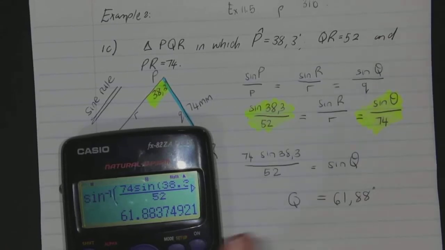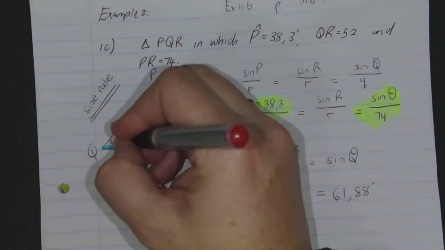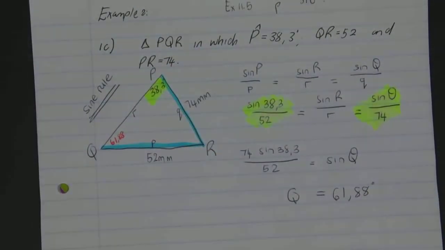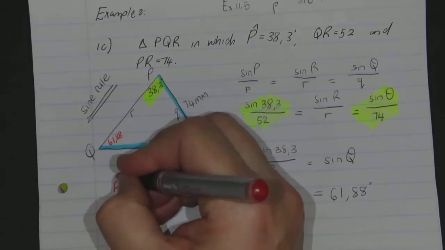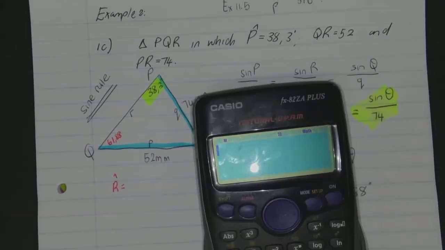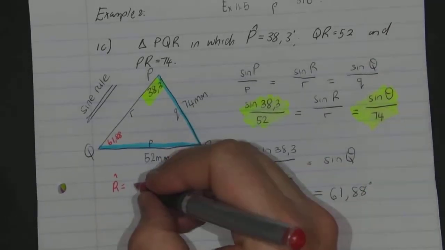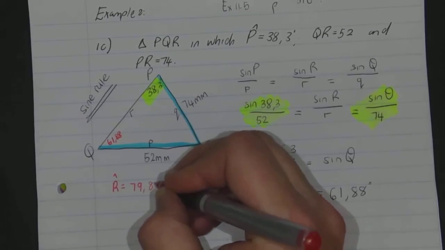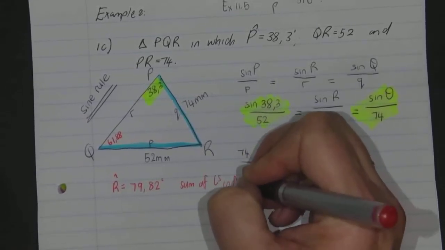Okay, so if Q is 61.88, that means R is going to be 180 minus 61.88 minus 38.3, and that gives me 79.82 degrees, sum of angles in a triangle.